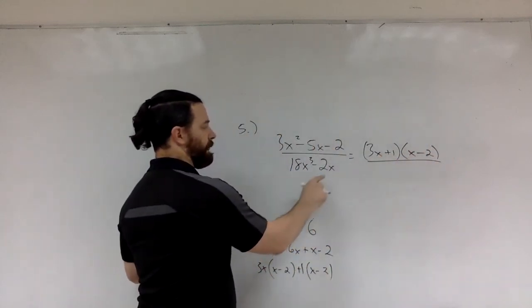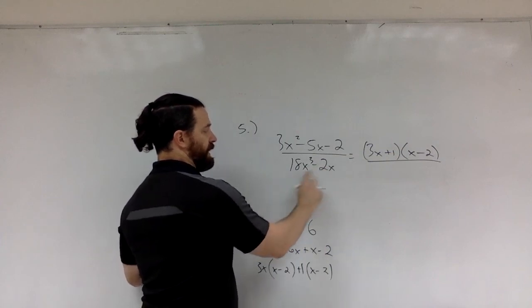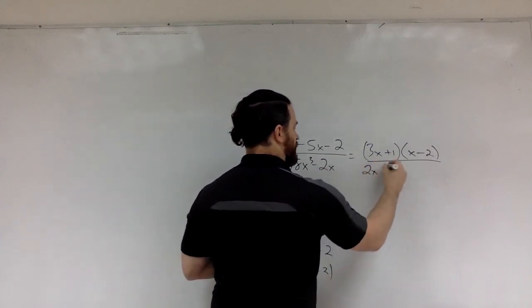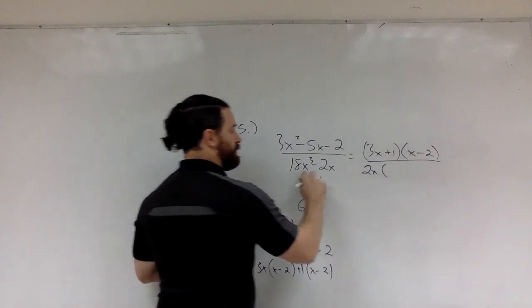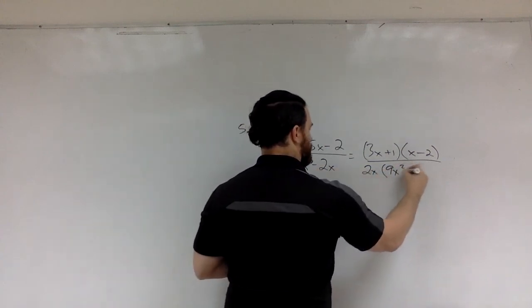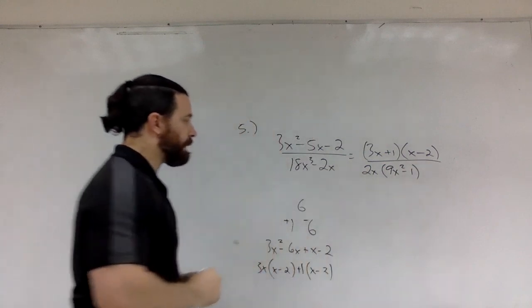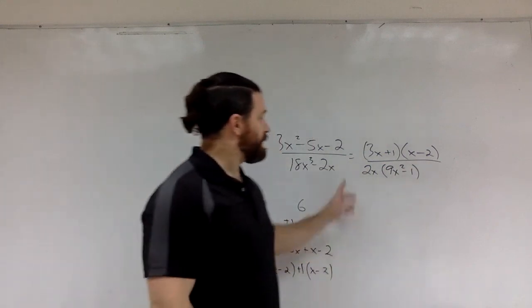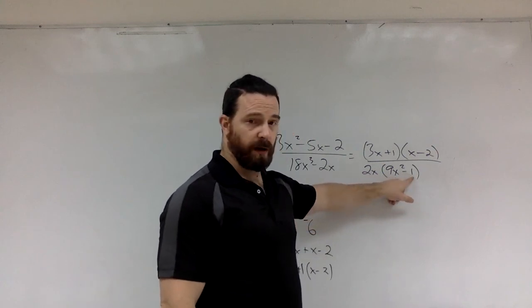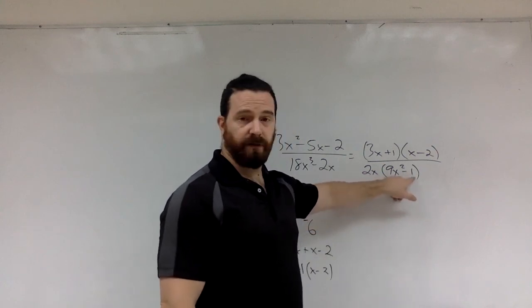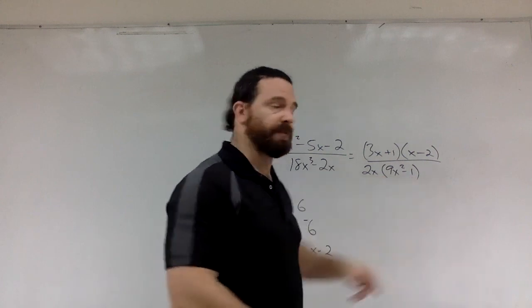On the bottom, I can factor out a 2 and an x. So 2x, leaving me with 9x squared minus 1. And since this is a perfect square minus a perfect square, I can factor this down further into 3x plus 1, 3x minus 1.